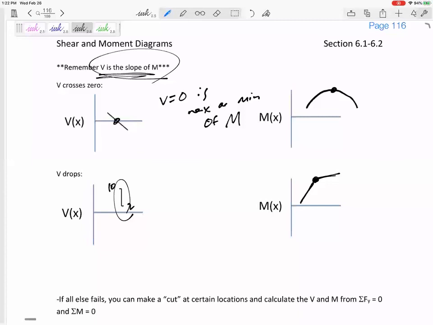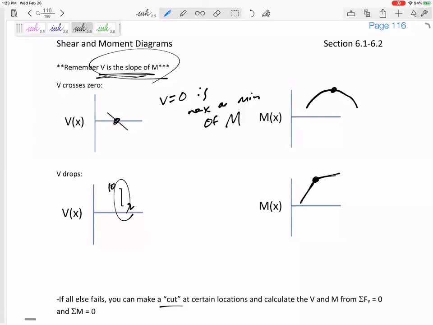It's this type of discontinuity, just go from one slope to another. So don't drop M straight up and down just because V has dropped straight up and down. If all else fails, you can make a cut just to double check, just to find out, okay, what is my internal V? What is my internal M?